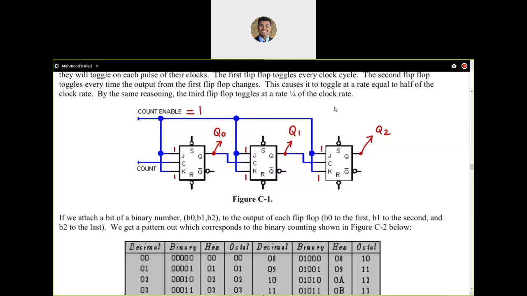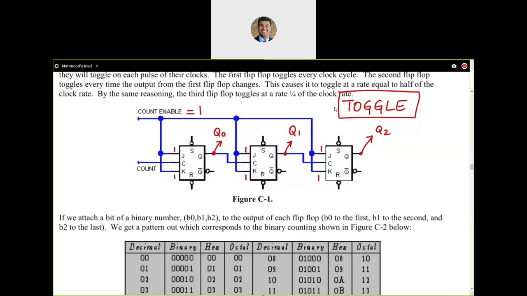So all the flip-flops are in the toggle state. They keep toggling whenever they see a negative edge on the clock input, if I assume that all these are negative edge triggered JK flip-flops. Let's assume that is the case for this discussion.